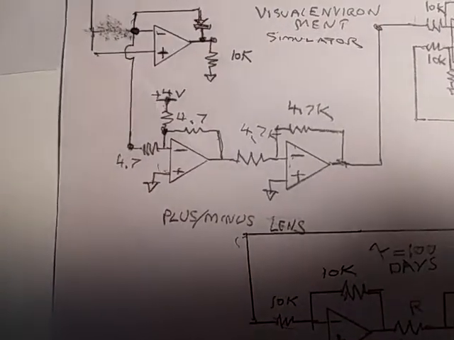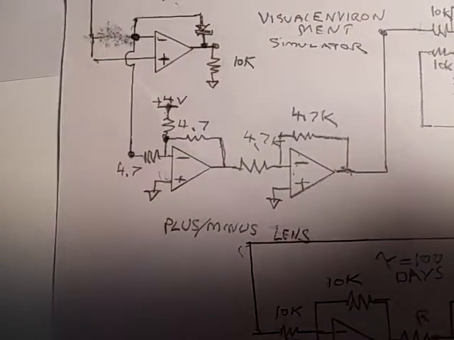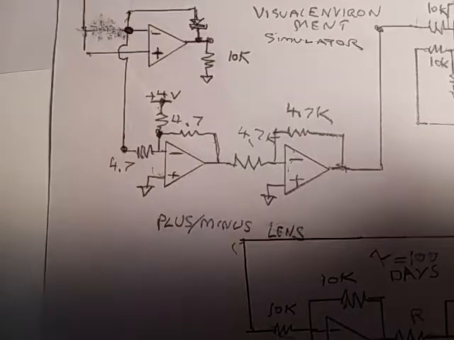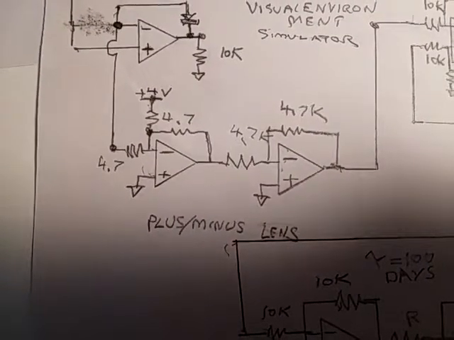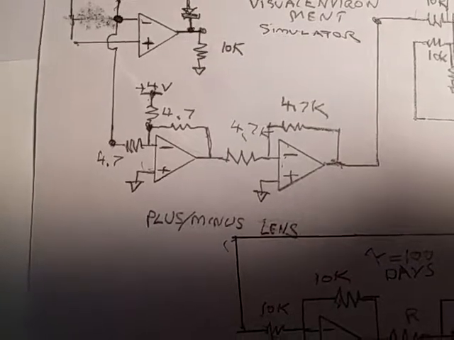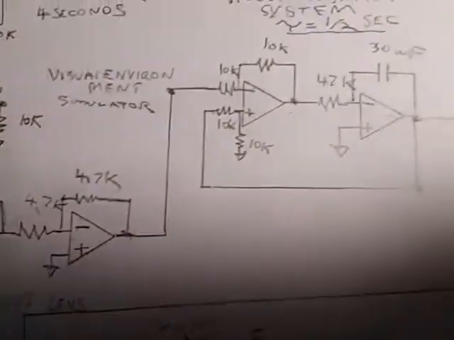That signal then goes to a plus-minus lens simulator, where you use voltage to simulate the lens, or the effective lens, on the accommodation system.